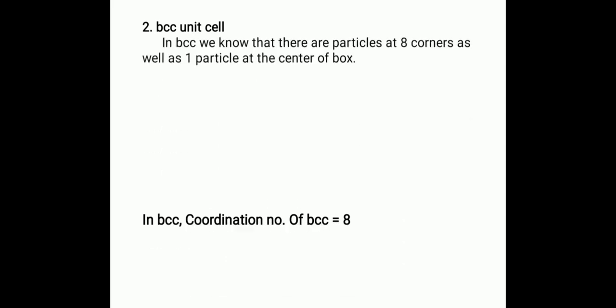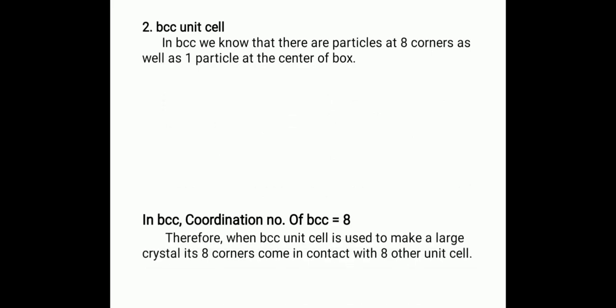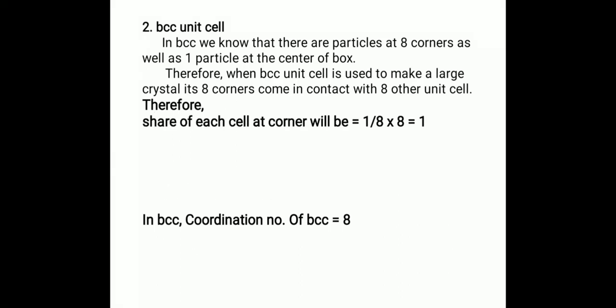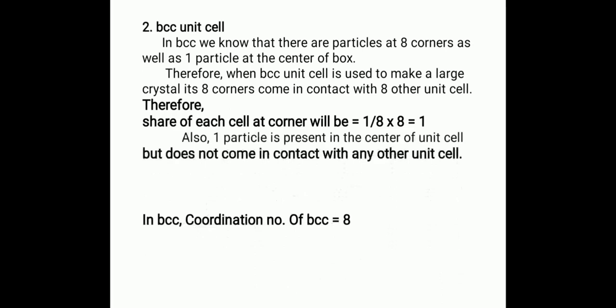Second one is BCC unit cell. Now in BCC unit cell, we know that there are particles at the corners as well as a particle in the center of the cube. If the particle is present at the corner, then its share will be equal to 1/8 into 8, which is equal to 1, and the particle which is present in the center of the cube will not come in contact with any other particle.